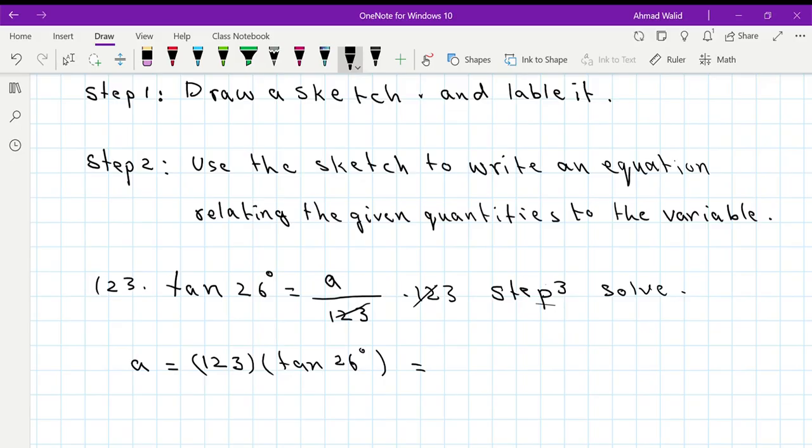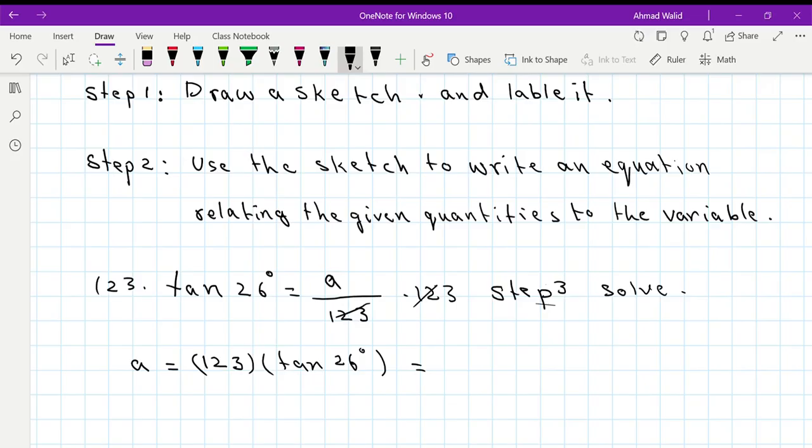First, switch your calculator on. First, find tangent of 26 degrees. Push the button which is tan, write 26, close it. Enter. It gives you a decimal, 0.48773, whatever. Don't round off. Multiply by 123.